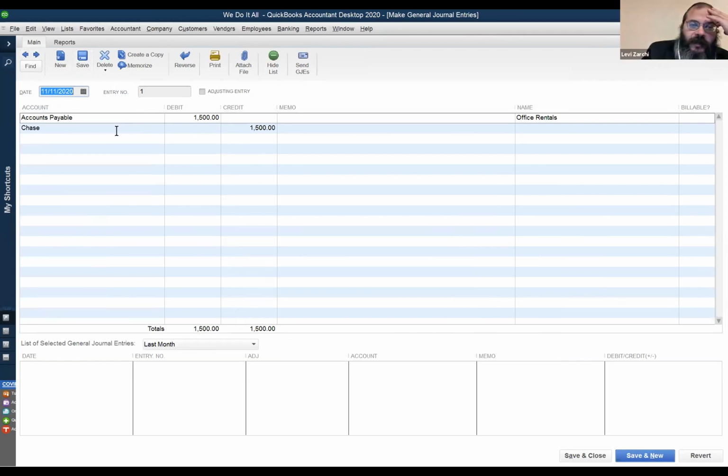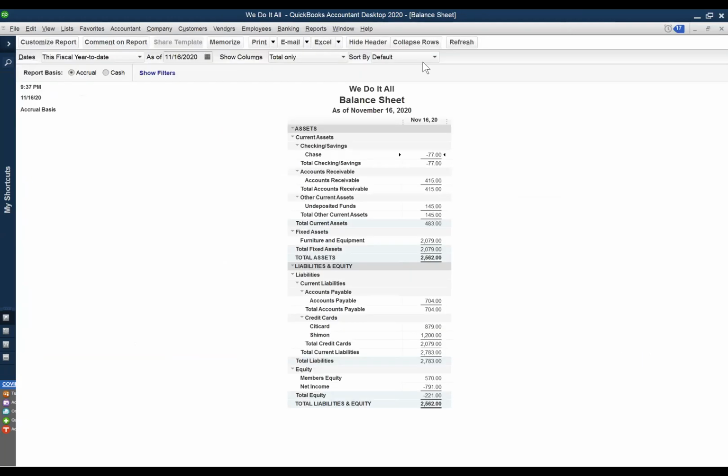Just highlight members equity and change it to Chase. Instead of raising my equity and raising the asset, I pulled out the equity and I pulled out of the bank, so both sides changed by $1,500. And I save in new or I save in close? Just save and close. It's not a new transaction. You have changed it. Okay. Sure.